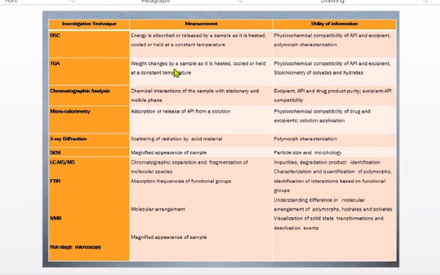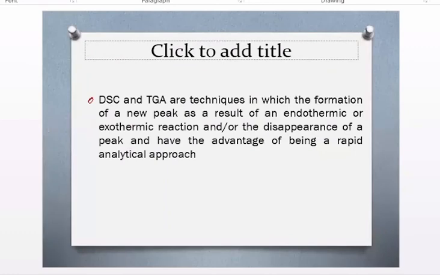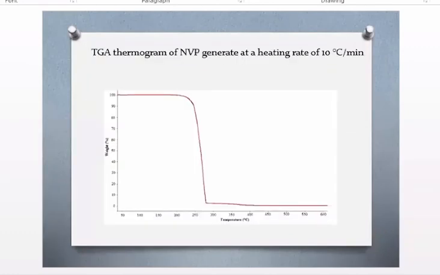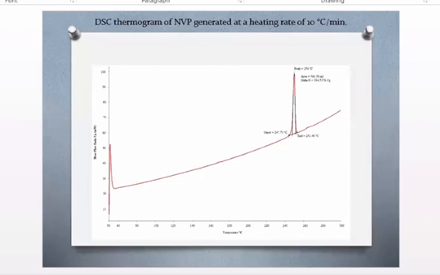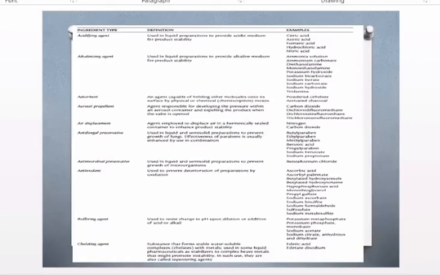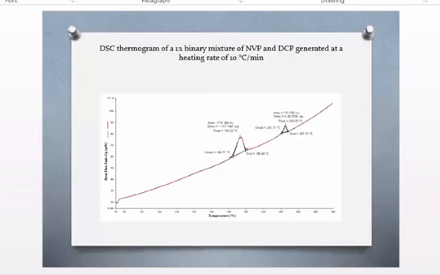If there is any change in the amount of energy released or in the peak or shape of the peak, then you are going to suspect that you are having incompatibility.